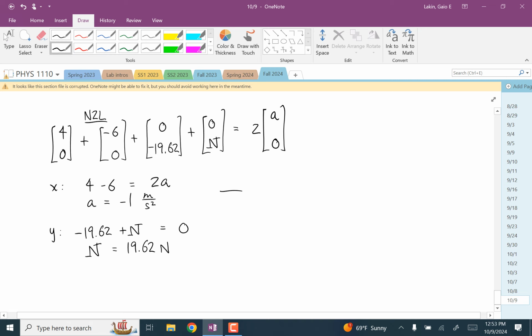And now to put these into vectors, plug this one into our expression for the acceleration vector. It gives you negative 1, 0.